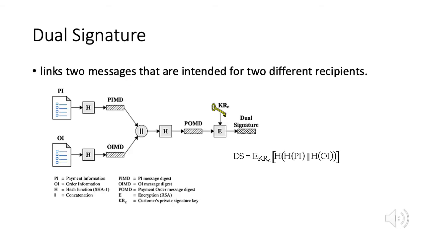The dual signature links two messages that are intended for two different recipients. The cardholder will create separate digests for the payment information and the order information, then concatenate them and create a digest for that, and will use the private key to create the dual signature.